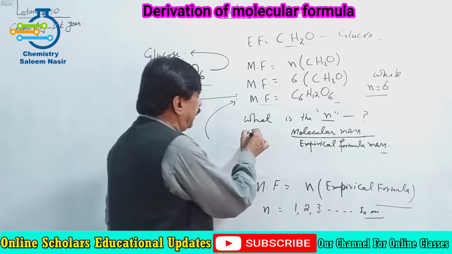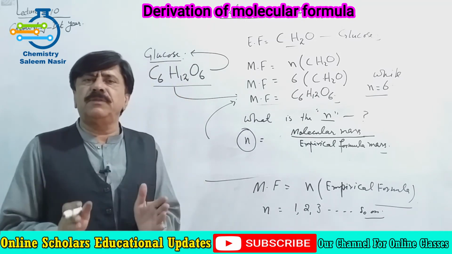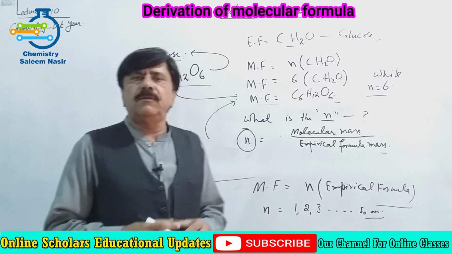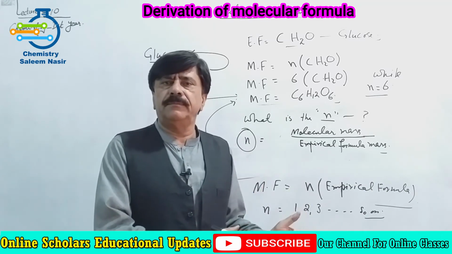The ratio of the molecular mass to the empirical formula mass gives the value of n, and when that n is multiplied with the empirical formula, we get the molecular formula of that compound.